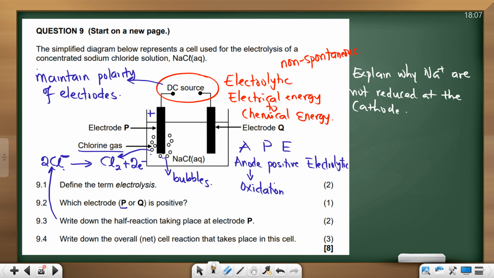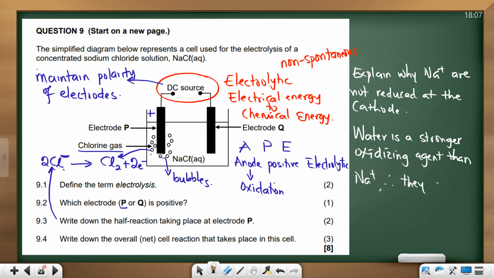Very simple. Answer: Water is a stronger oxidizing agent than sodium ions. Therefore, they are reduced.